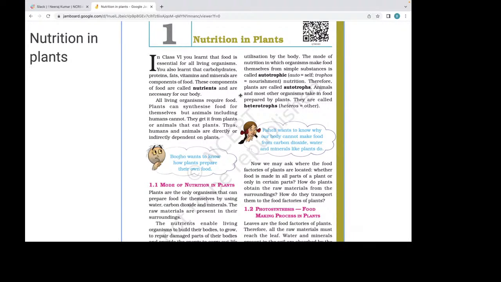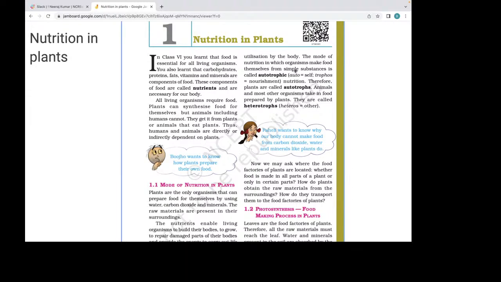Now the mode of nutrition in which organisms make food themselves from simple substances is called autotrophic nutrition. Okay, so nutrition is of two types. It can be either autotrophic or heterotrophic.